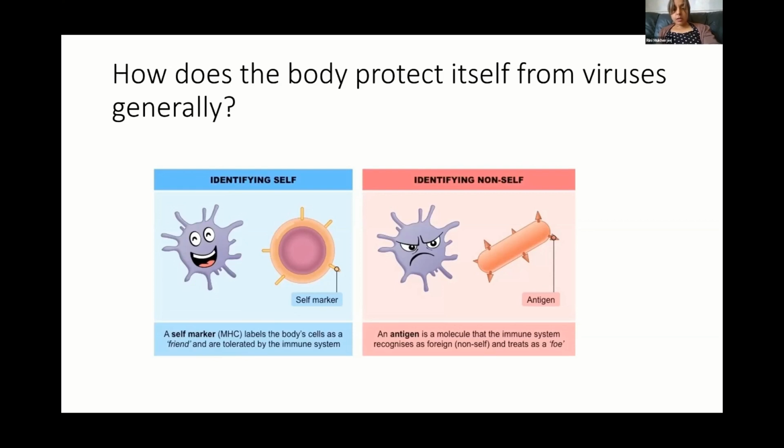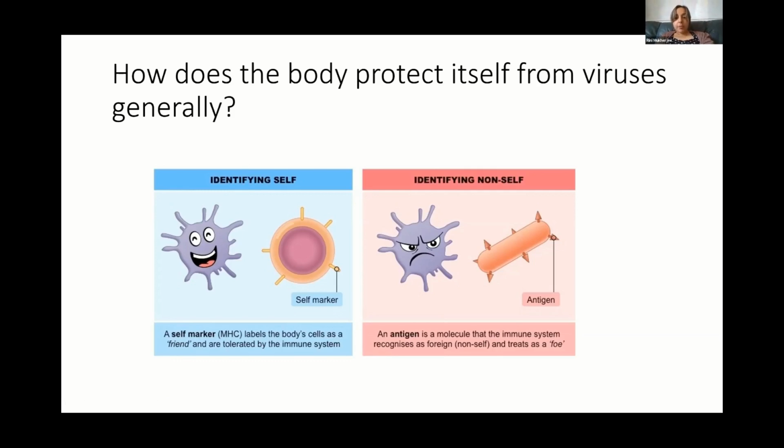This will tell them that they need to attack them because these are not self markers. These foreign invaders are not parts of your body. They don't have your body ID cards on their surface like all your other cells do. And that is why as soon as a white blood cell comes across any foreign looking cell, it'll immediately generate an attack, which we call an immune response.